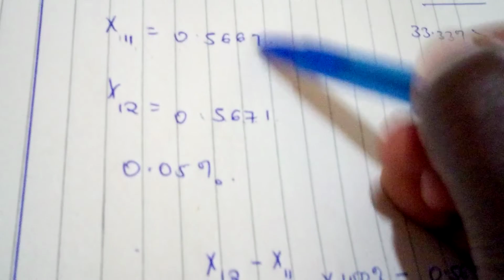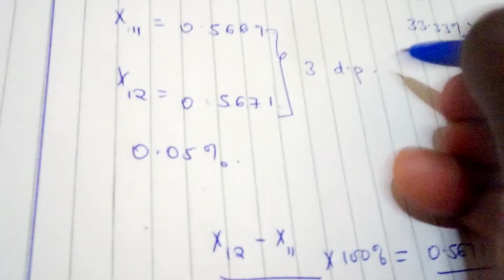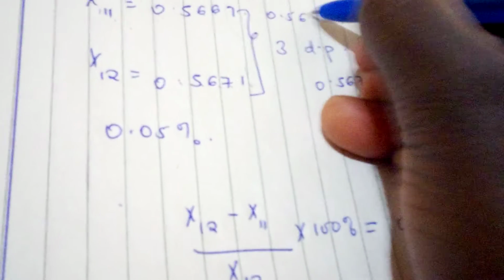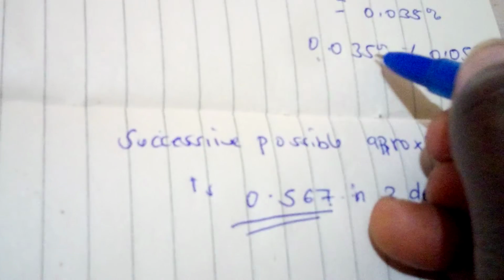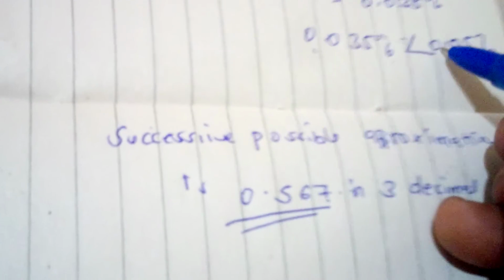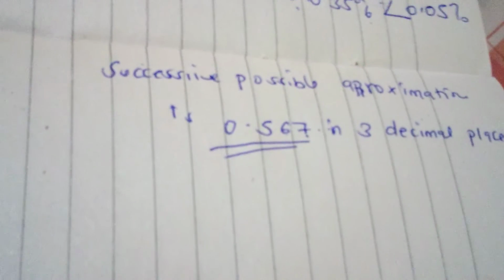When you put the two approximations into 3 decimal places, we have 0.567, and this one is 0.567. Then it means our possible positive root is 0.567, having a tolerance of 0.035%, which is less than 0.05%. I hope you enjoyed the class. Practice. Thank you.